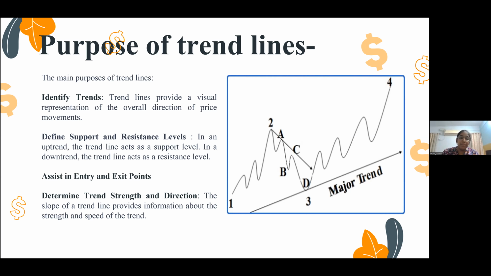Now, the last purpose of trend lines is to determine the trend strength and direction. The slope of the trend line provides information about the strength and speed of the trend. One can see the trend is in an upward direction. The major trend is in an upward direction, indicating the market is in profit, and one might invest to get a good profit.